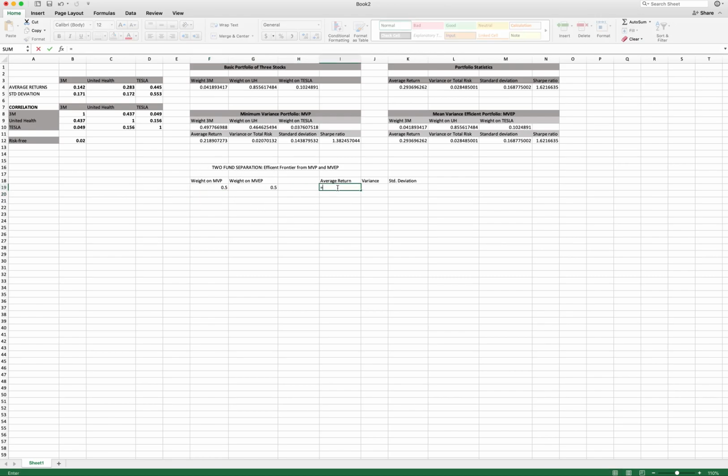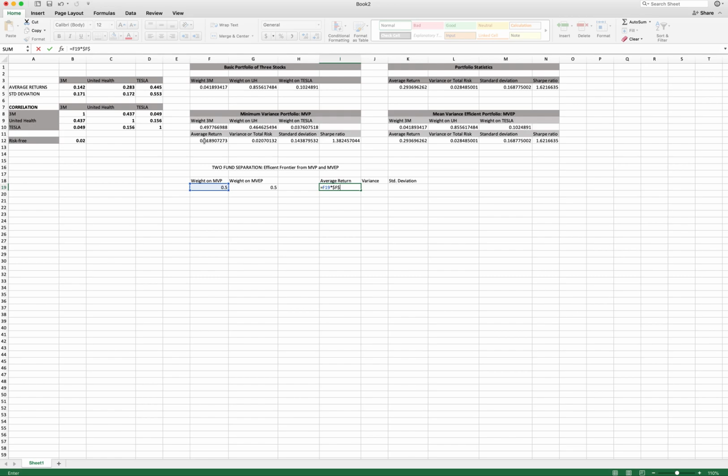For the average return, that's easy. That's the weight on the MVP times the average return on the MVP.